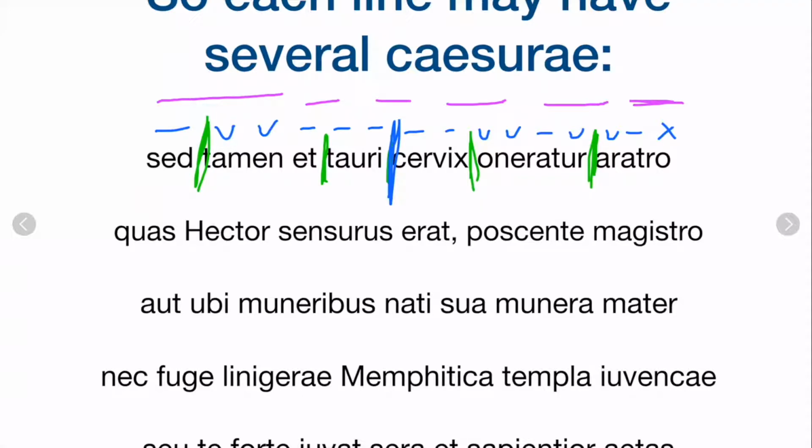Let's try it again. Quas hactenus sensorus erat post Enteh magistro. 1, 2, 3, 4, 5, 5.5. That is a caesura right there after 5.5.